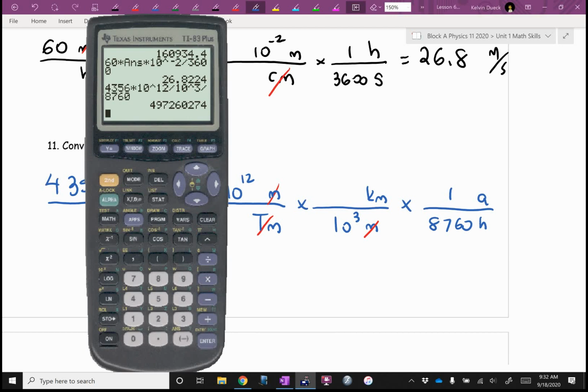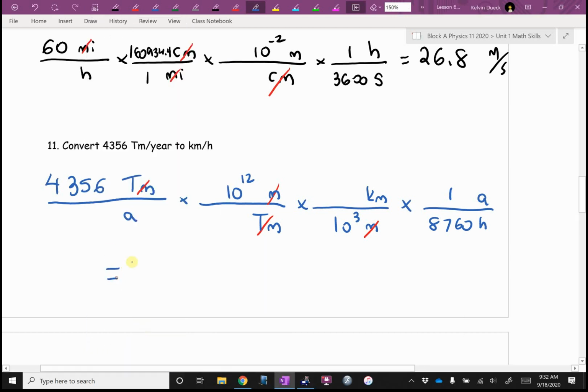You're right, 4.97 times 10 to the what? 8. Units, kilometers per hour. This is the dimensional analysis, or building a unit chain, a conversion chain method. Turn the page.